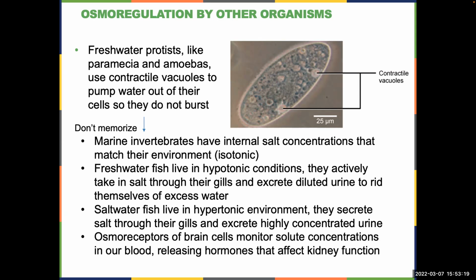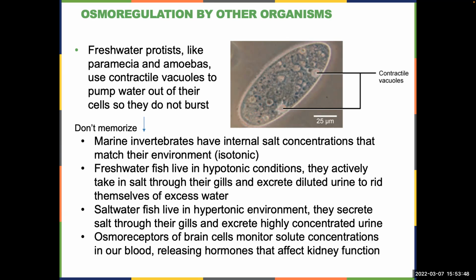So protists, freshwater protists like paramecia and amoeba, have those special contractile vacuoles that they can use to pump water out of the cell very rapidly. So they don't have to have a cell wall to prevent lysis because they have pumps, contractile vacuoles or water pumps, to squirt water out of the cell constantly.